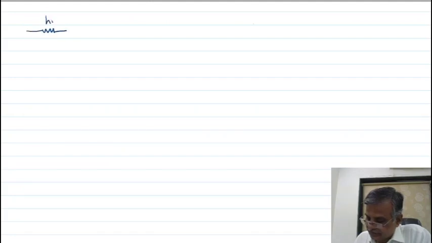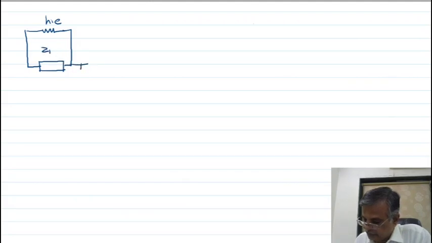This is the hie, which we have already discussed. This is your Z1. This is your terminal number 3. This is your Z2. This is your current source hfe into IB.